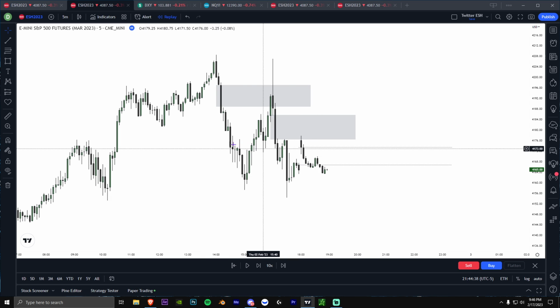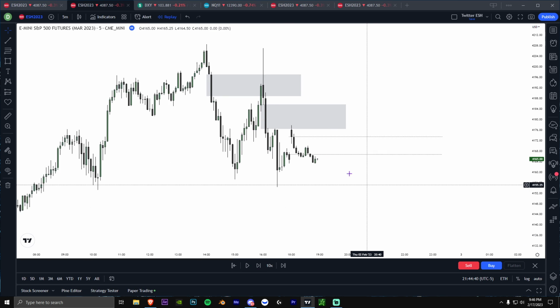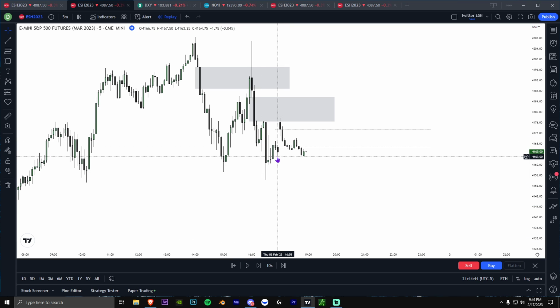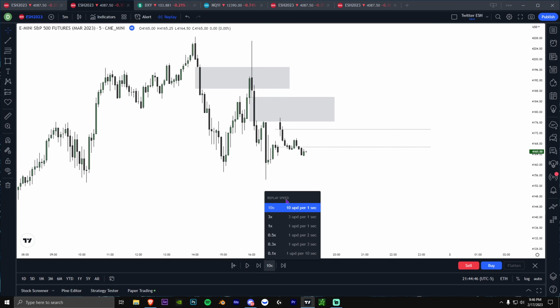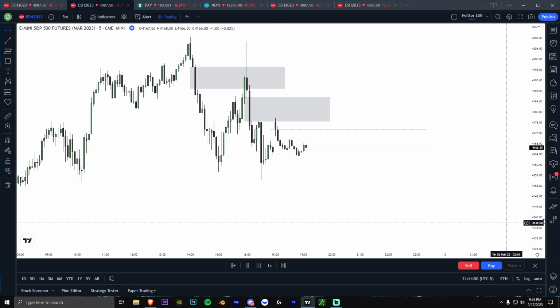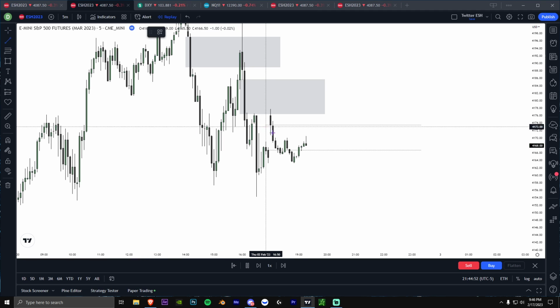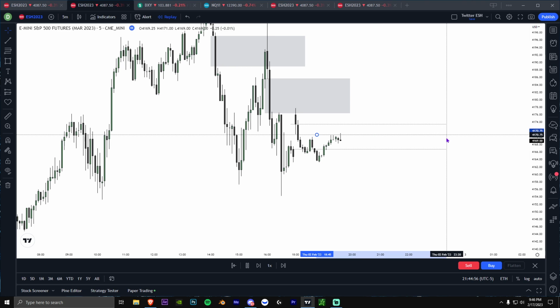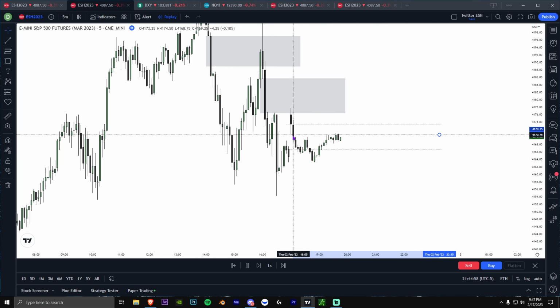So I probably want price to hold below this new day opening gap. Let's see how it plays out. Consequent encroachment is right here. So here's where I'd kind of be looking for a short setup. If we don't get one, then we don't get one.